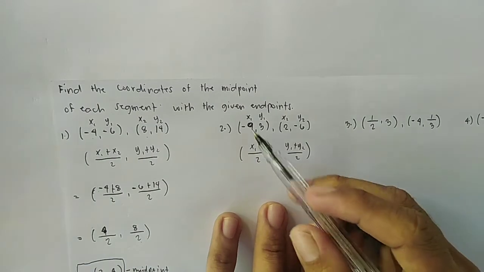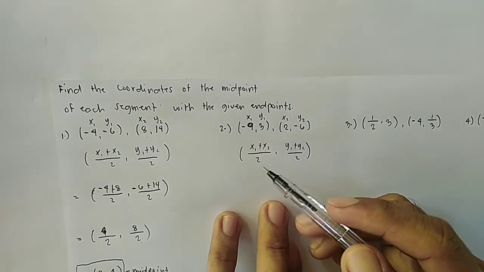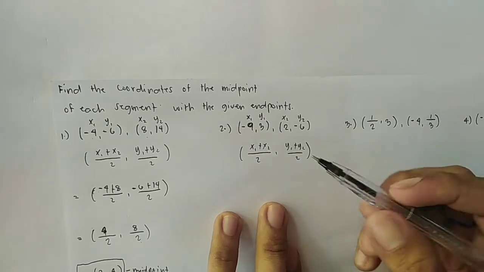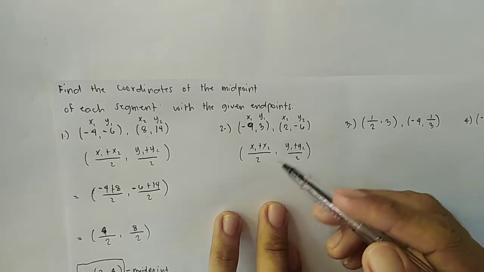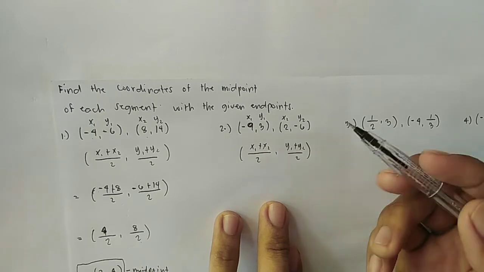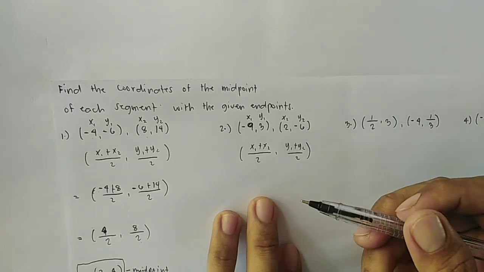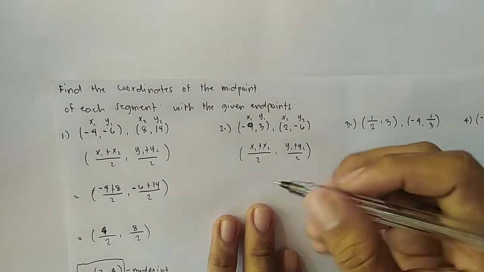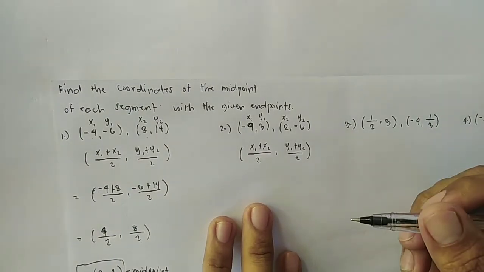Simply substitute the given values. This is a very simple way of using the midpoint formula. Do not forget the formula so that you can smoothly find the midpoint of the given endpoints of a line segment.